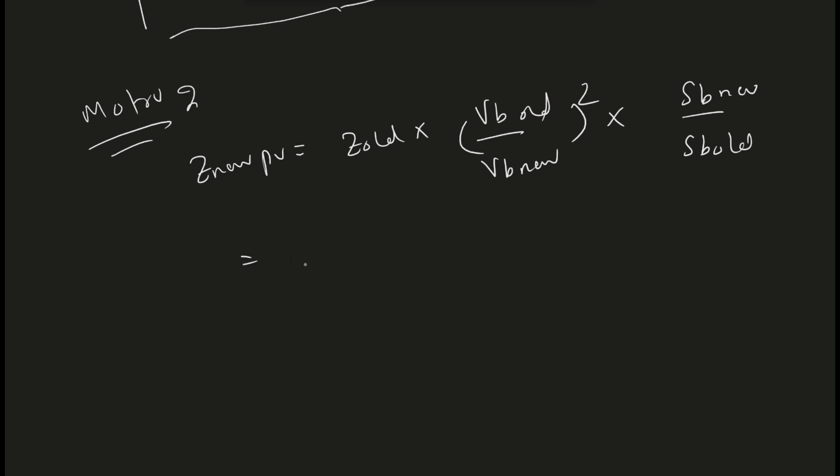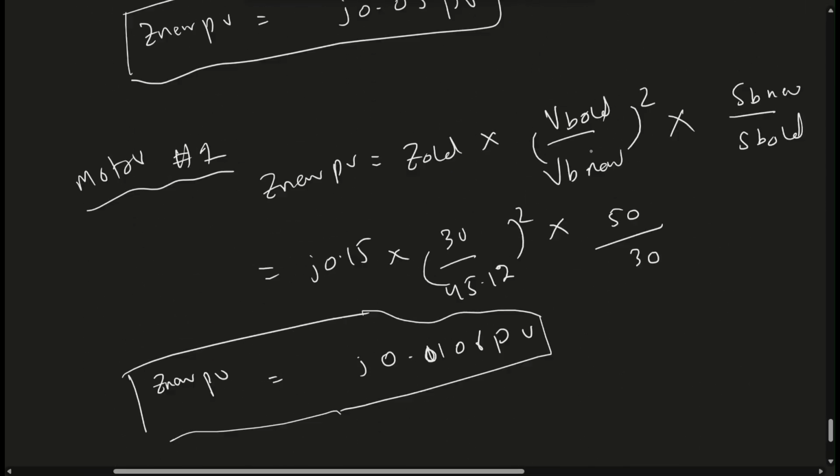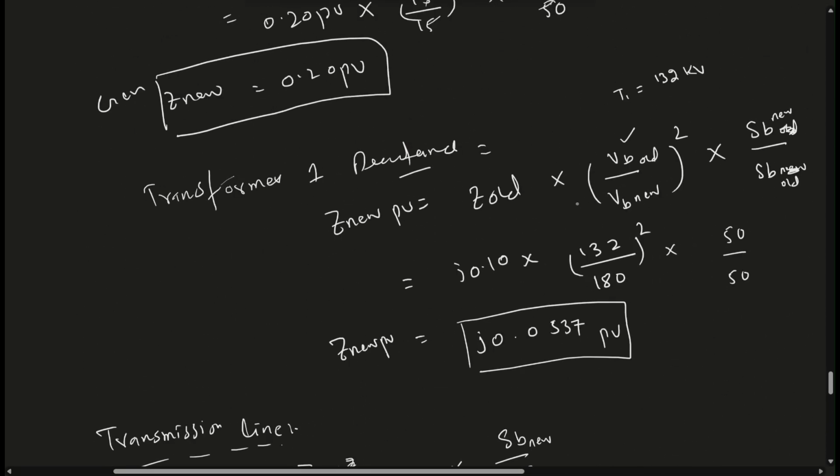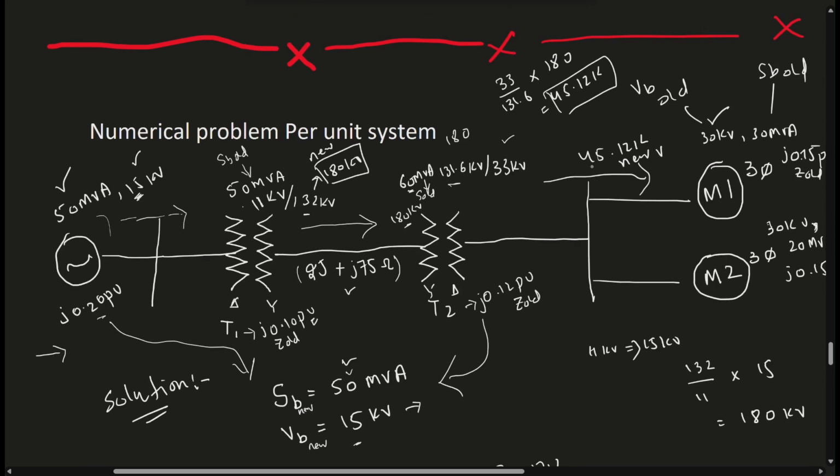Substituting the values, we have the Z old for motor 2 as j0.15. VB old is the same, and VB new will also be the same because both the motors are connected in parallel with the bus bar. So the voltage for this will also be 45.12 kV.